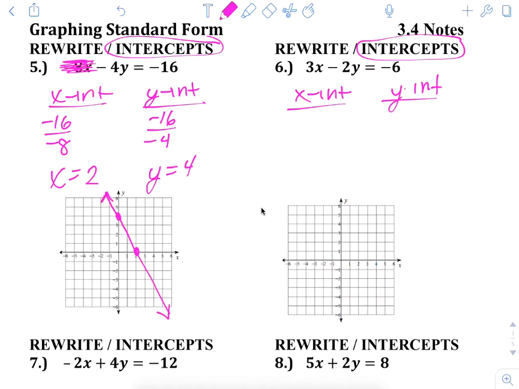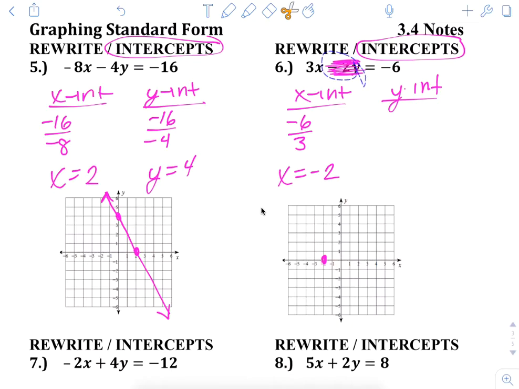Okay? Let's try one more of these. Let's try number 6. So on number 6, if we want the x-intercept, that means we get rid of our y's. We're going to try and solve for x, so we're doing -6 divided by 3. That gives me -2 as my x point. What about my y?